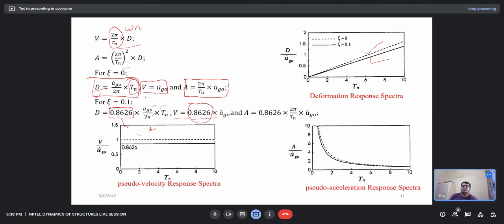Now for the acceleration, the dashed line is for the damping equal to 0, and for the damping equal to 0.1, this is the solid curve. So these are the responses.